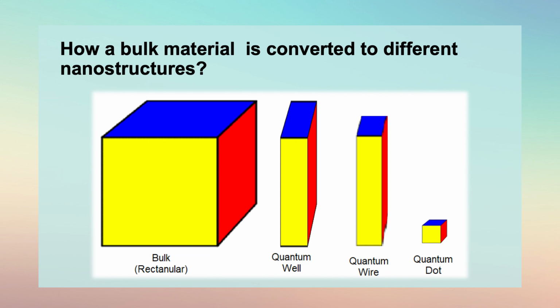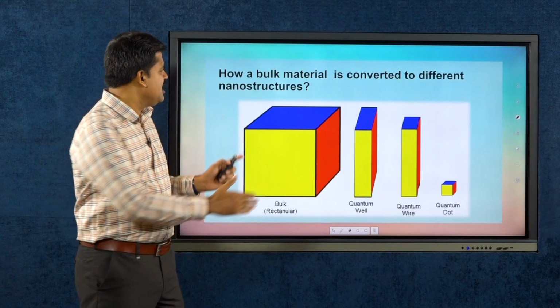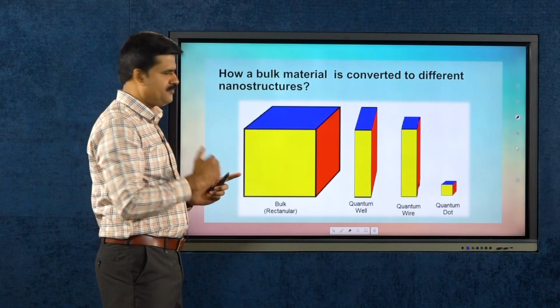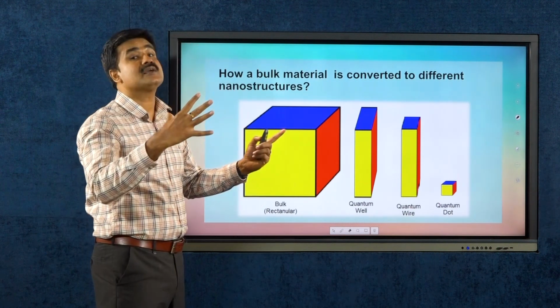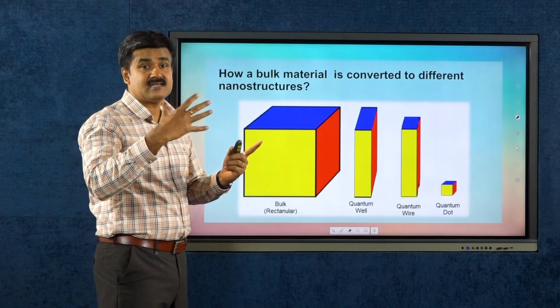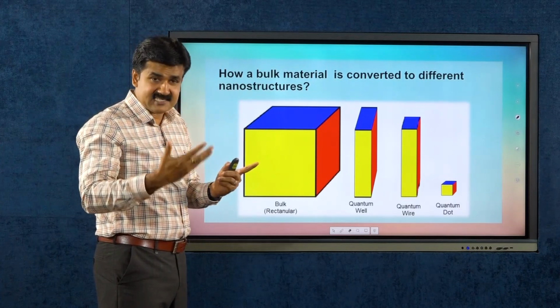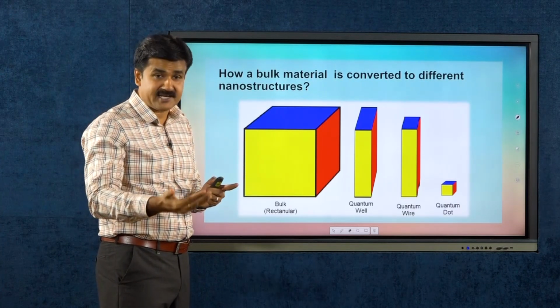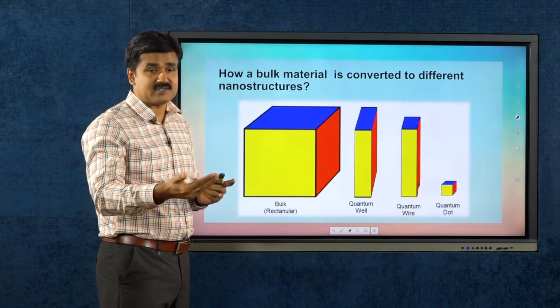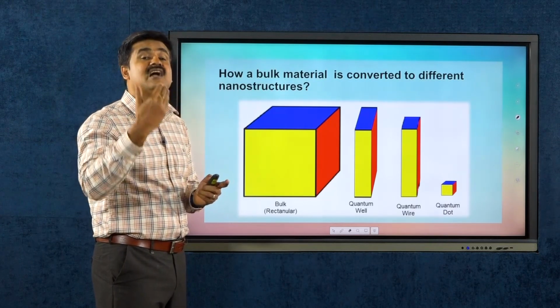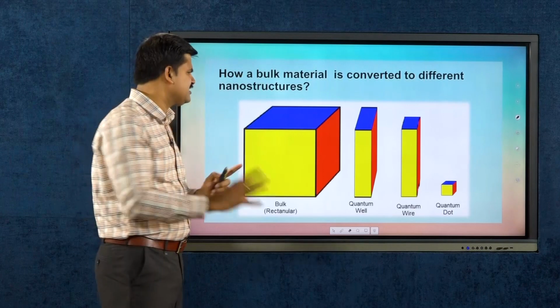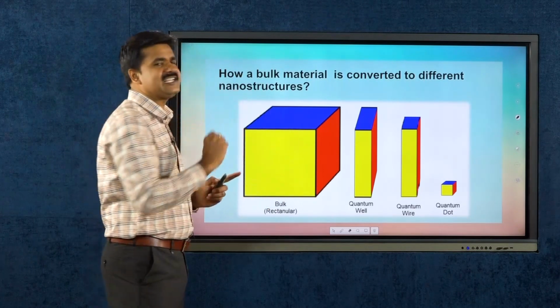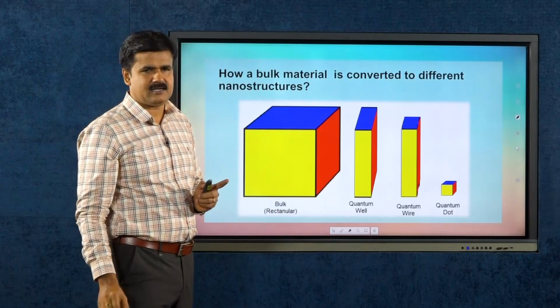This picture clearly depicts the transformation. Now look onto the left hand side. This side represents a bulk material. It is big such that X direction is outside nano, Y direction is outside nano, Z direction is also outside nano. So definitely this rectangular arrangement represents a bulk material.